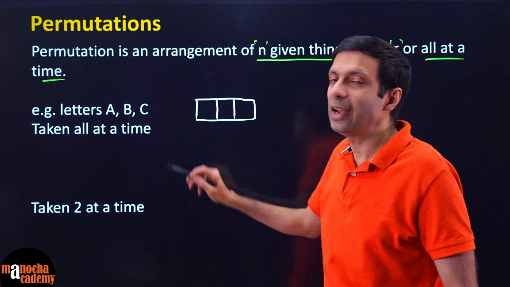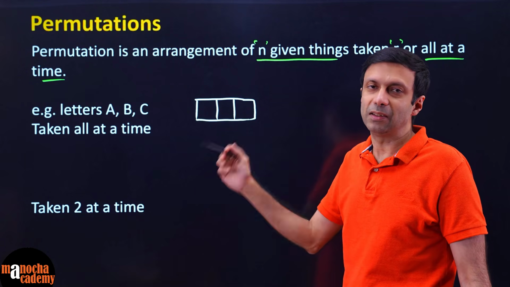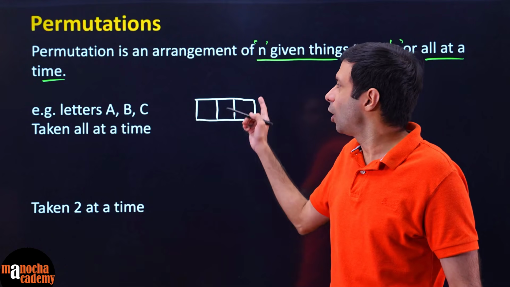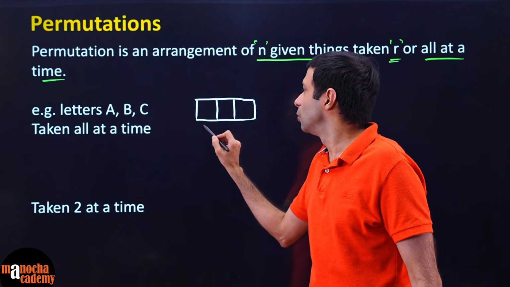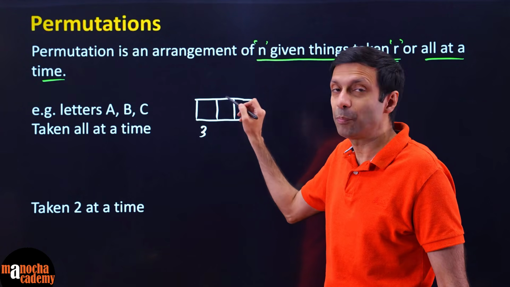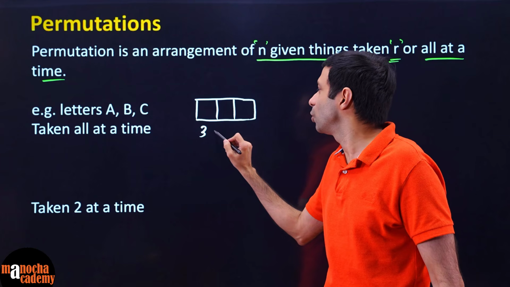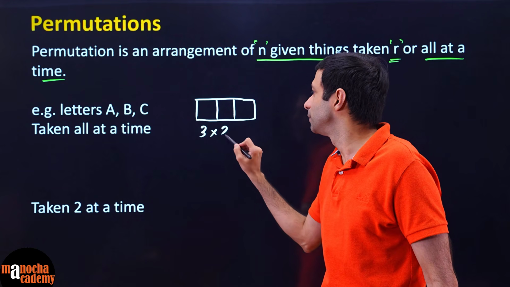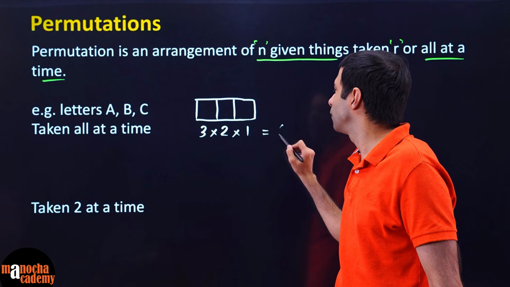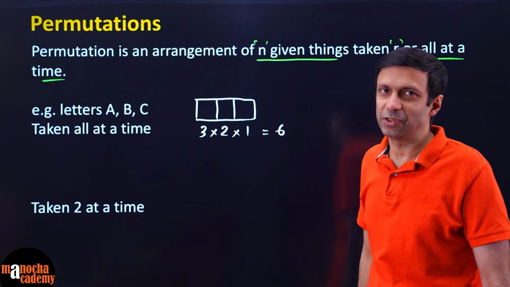We have been given 3 letters, and again we are going to assume that no repetitions are allowed. So how many such permutations will be there? In the first box I can put any of these 3 letters A, B or C. Now since I've filled in 1, I can put only 2 in the next box and only 1 is left in the last box. So total I have 6 such permutations.